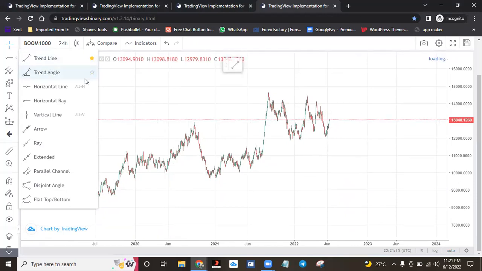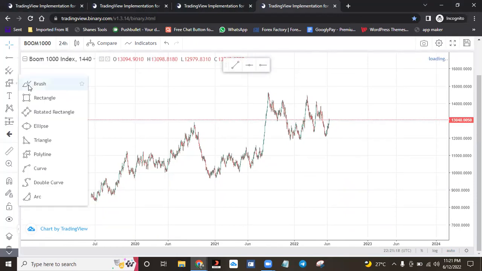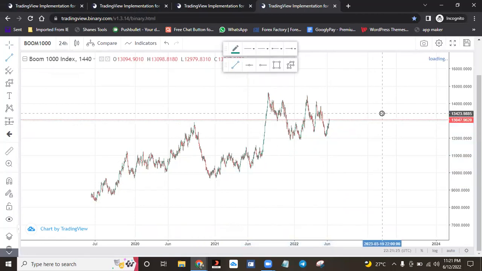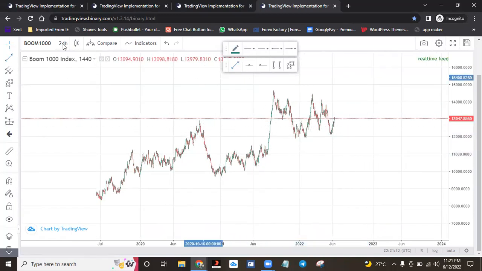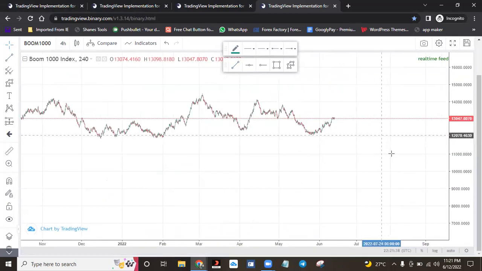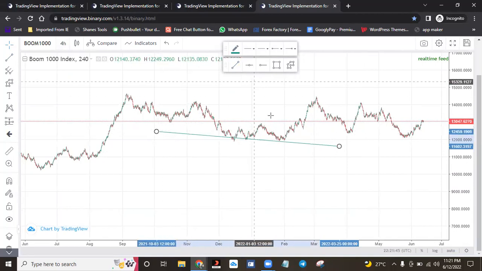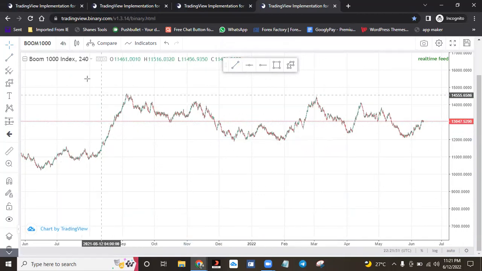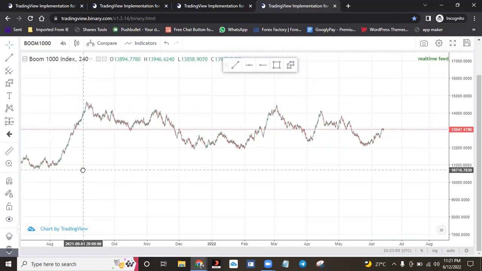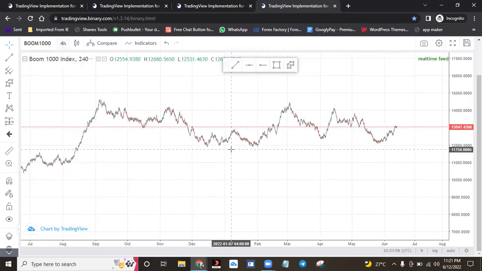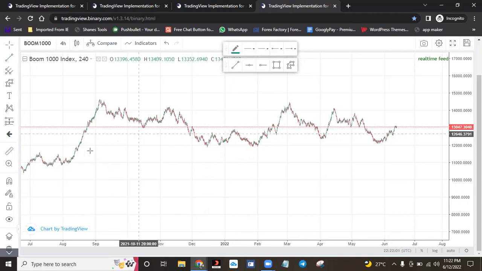Let's head to the 4-hour chart right now. Boom 1000 has been a bullish market.